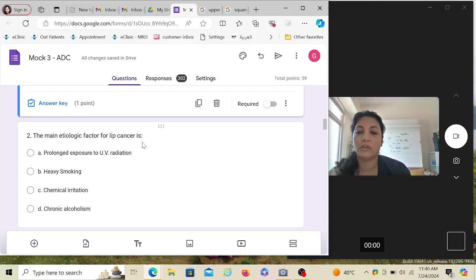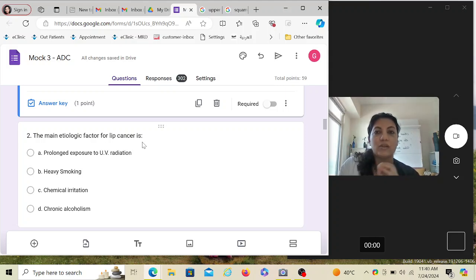So prolonged exposure to UV radiation, yes. Heavy smoking can also result, chemical irritation over a long period of time can also result, and chronic alcoholism can also result. Smoking and alcohol together increase the probability of having a cancer by 5 or 20 fold, and it's given in Odell or something. Just go ahead and read that.